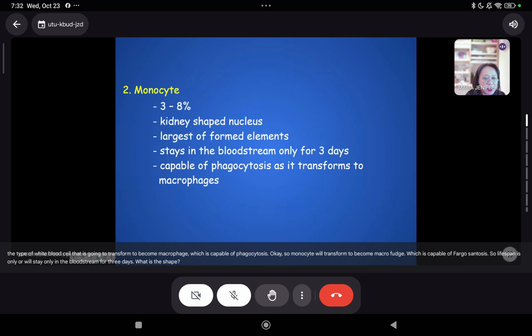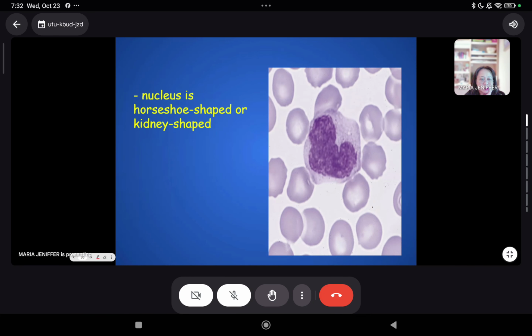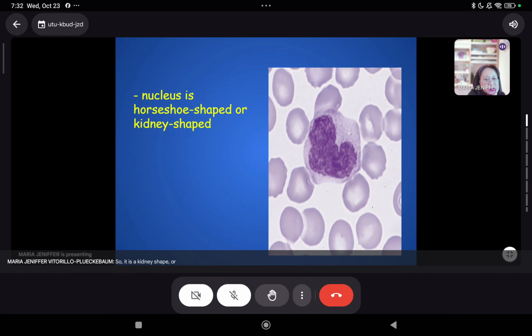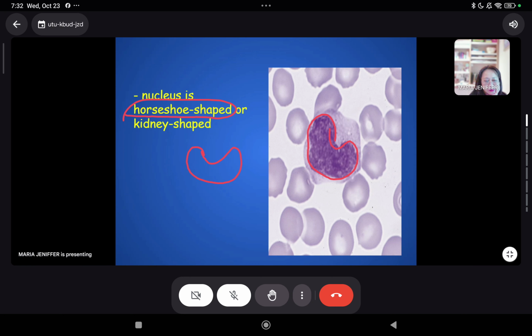What is the shape? It has a kidney-shaped nucleus. So it is a kidney-shaped or horseshoe-shaped nucleus. So remember, di ba ang horseshoe parang ganyan? Ito din, oh. Para din siyang horseshoe shape.